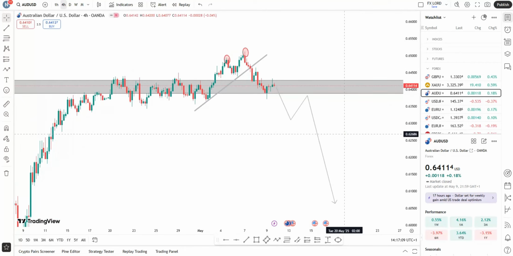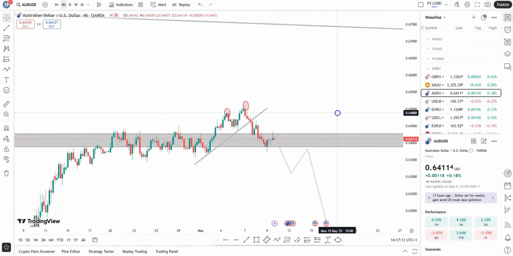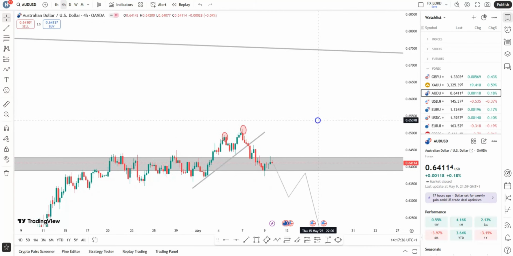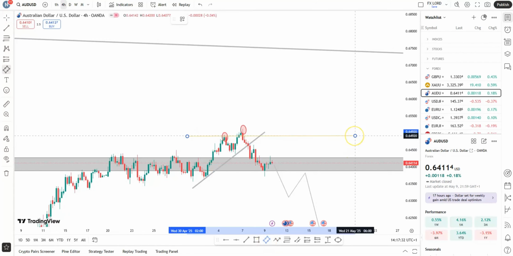I'm not very much looking for a bullish instance at the moment, but you can't know what the market is going to do next, right? So on a bullish scenario, I don't really have something to look for. But if at all the market wants to break to the upside, I'm going to draw out my minor resistance level, which is going to be just about this level.